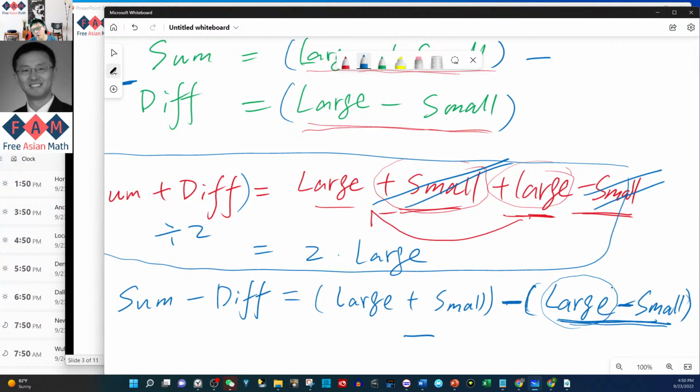You will learn this once we learn the negative integers and the related arithmetical operations. But for now, you can just think about it. I have a number that is subtracting a number which is smaller than this guy by this much.